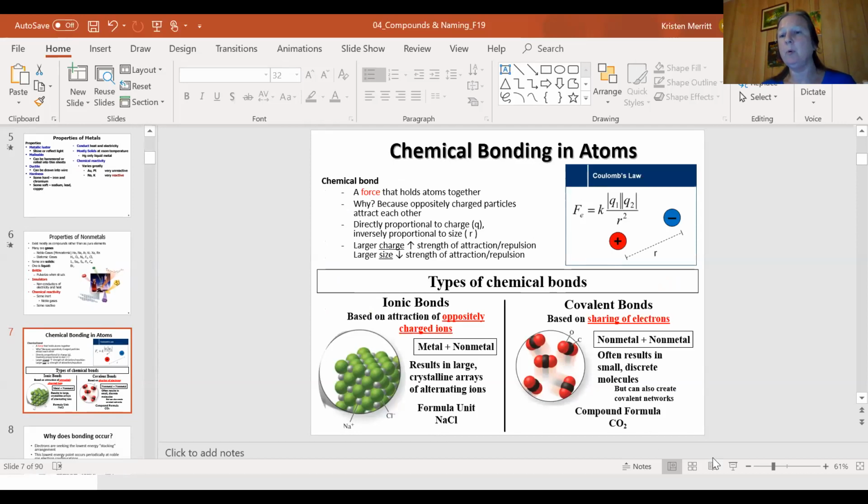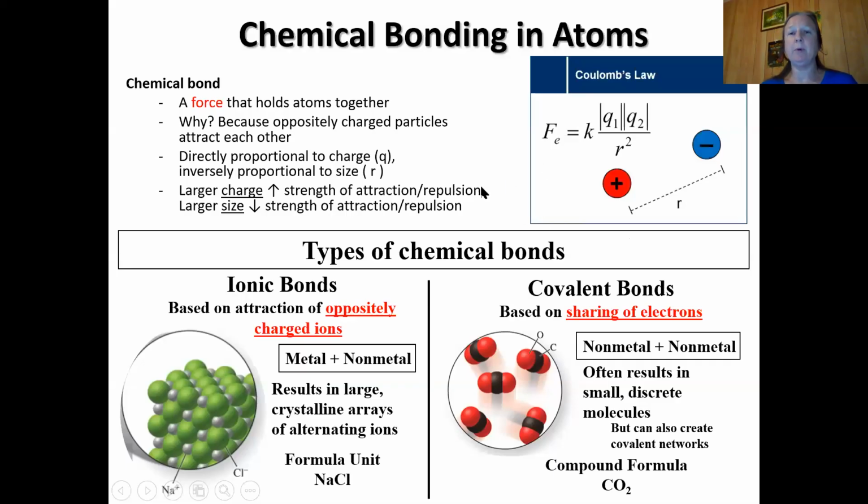All right, very important. The bond, I've talked before about the bond has energy. It's stored, is called potential energy. So that is this force here. Now this is Coulomb's law, but we use a proportionality.